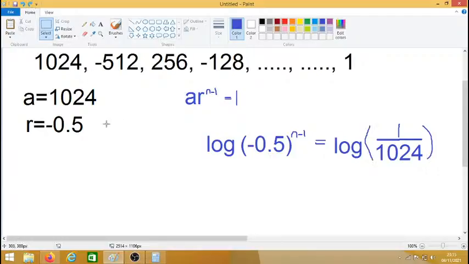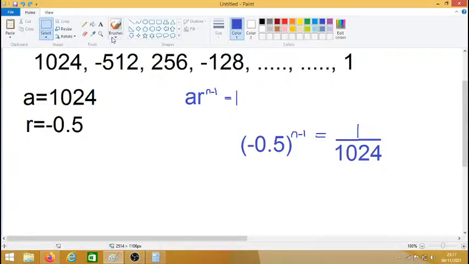Okay, so then we're going to get a problem here. So somehow we want to get rid of that, which is a bit of a pain. So how are we going to get rid of that?